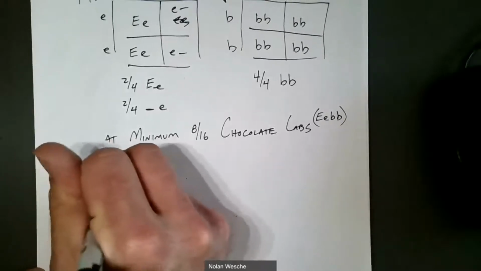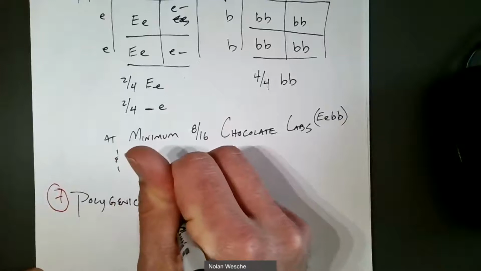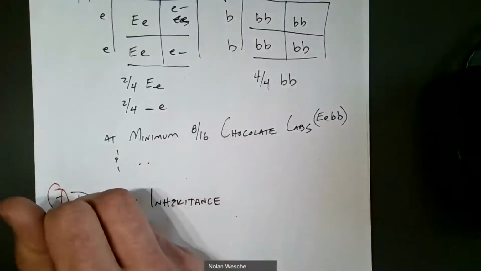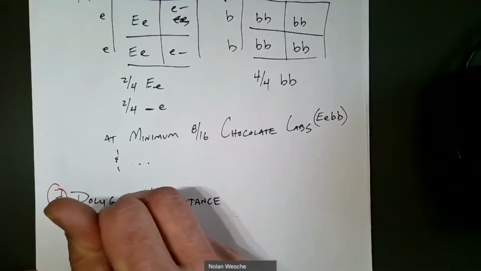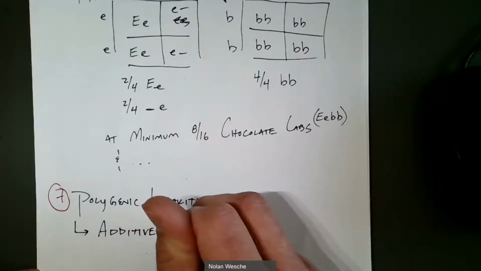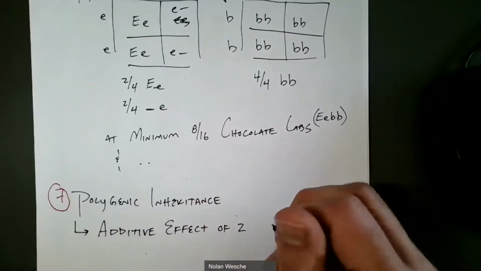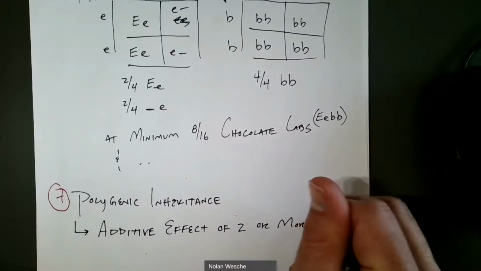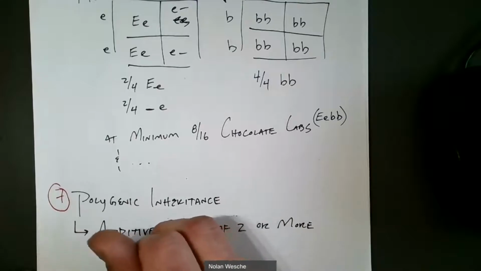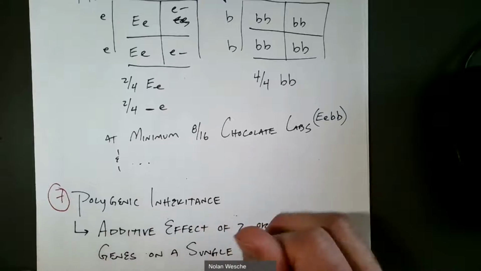So, polygenic inheritance. Polygenic inheritance is the additive effect of two or more genes on a single phenotype.